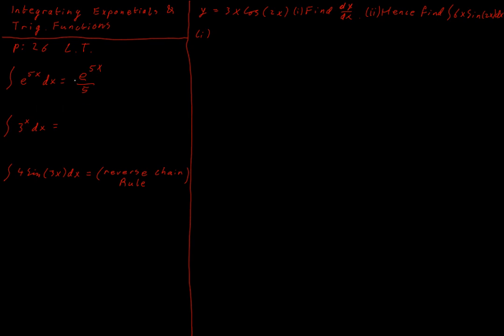And as always, what do we need to add on at the end? A constant, because we could have lost the constant. If this was dy dx, we could have lost a constant in our original y. And if we go to our rules, several rules down, we have 3 to the power of x, and when we get the integral of that, it just gives you the rule in the log tables.